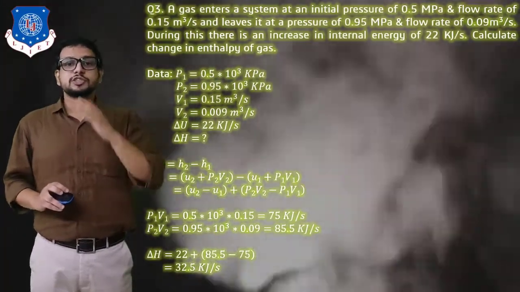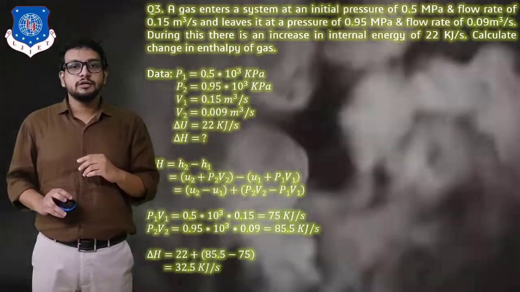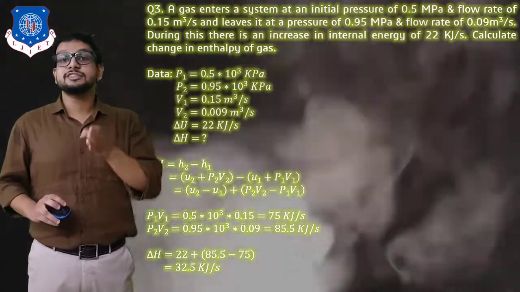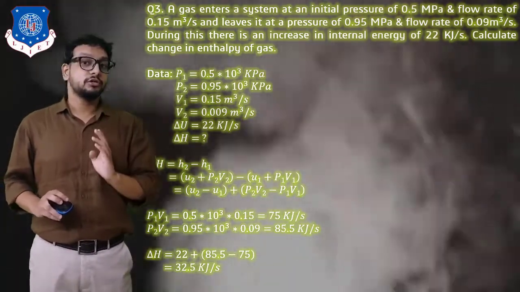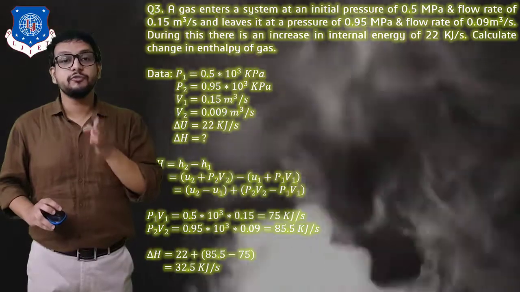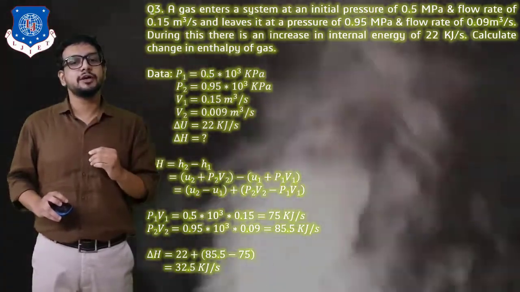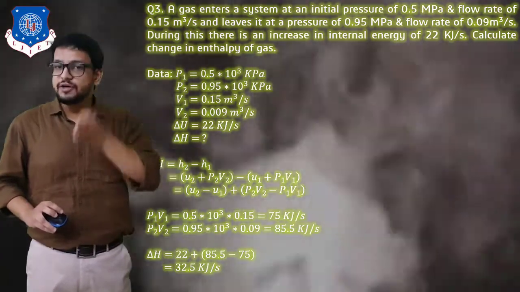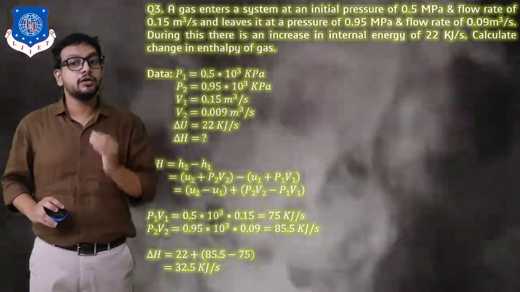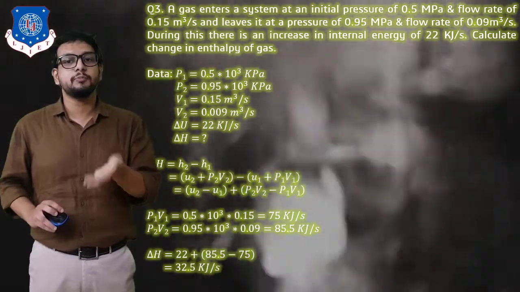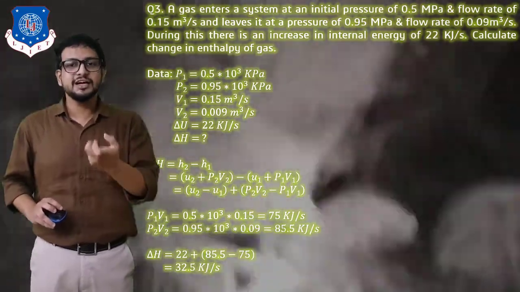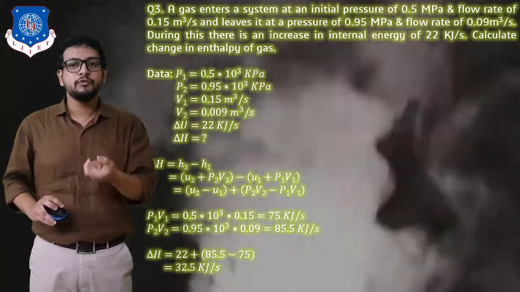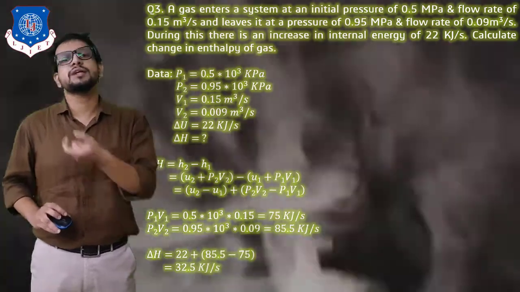As you can see on your screen, question number 3: a gas enters the system at an initial pressure of 0.5 megapascal and a flow rate of 0.15 meter cube per second, and it leaves at a pressure of 0.95 megapascal and a flow rate of 0.09 meter cube per second. Flow rate is basically a discharge, that is the volume of fluid passing in 1 second.